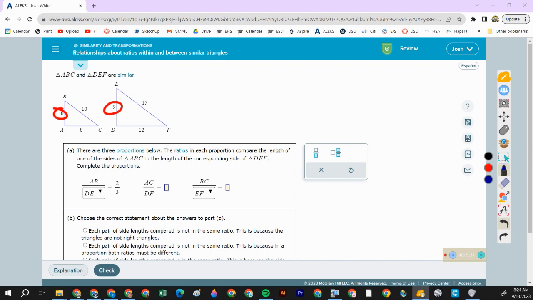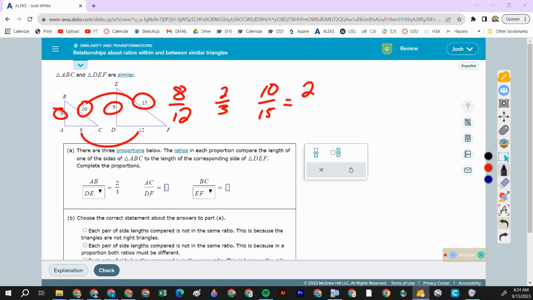So this ratio is 8 over 12. Those share a 4. So we pull out a 4 and I get 2/3. And then this one lines up with that one. 10 over 15. Pull out a 5 and I get 2/3.